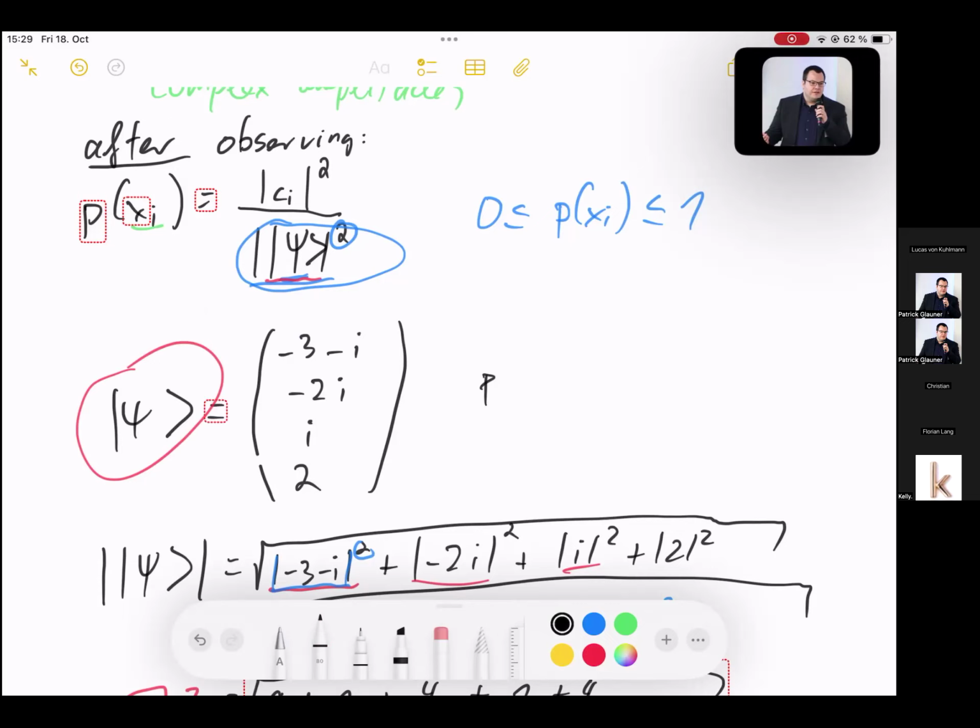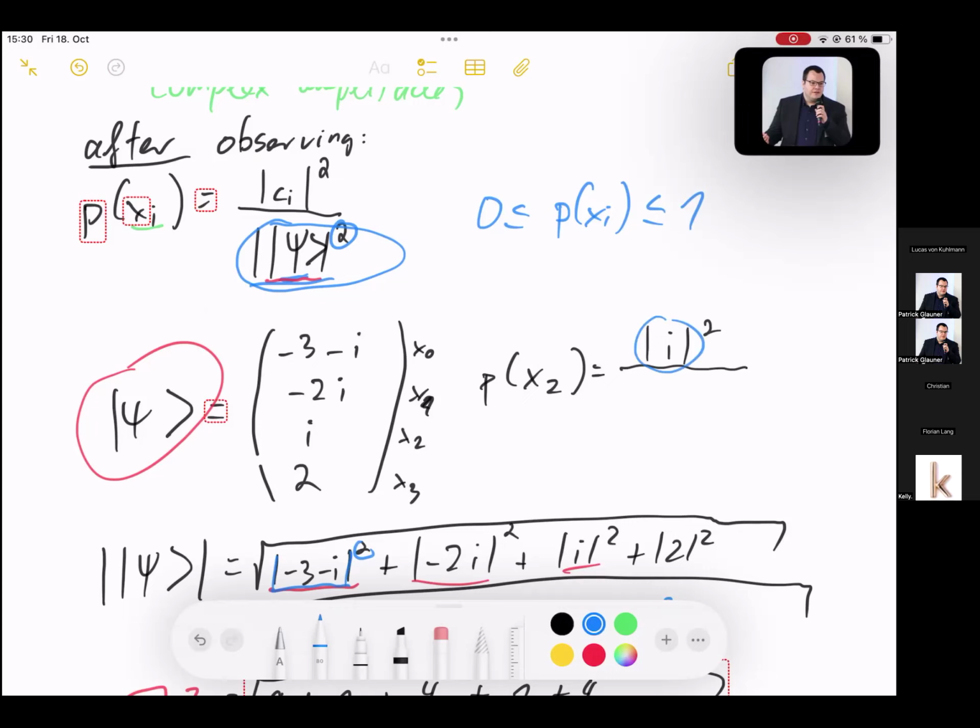I want to know, this here is x0, x1, x2, x3. So P of x2. That means I need to calculate, we have this i here.